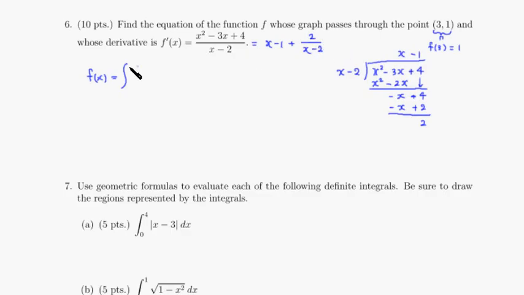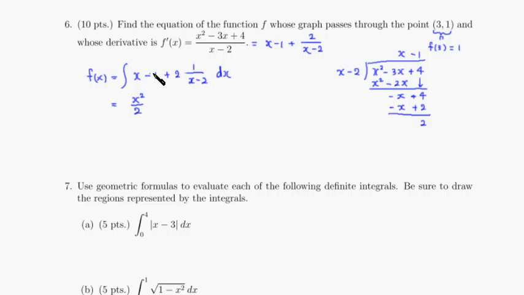So let's take the antiderivative of that. You have x minus 1 plus 2, and I'm going to write it as 2 times 1 over x minus 2, and then you have a dx. The antiderivative of x is x, add 1 to the power, squared, so divide by that power, 2.